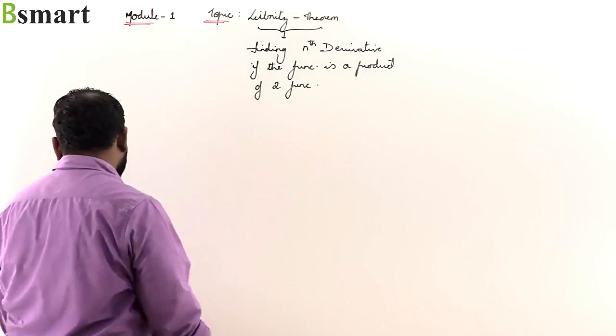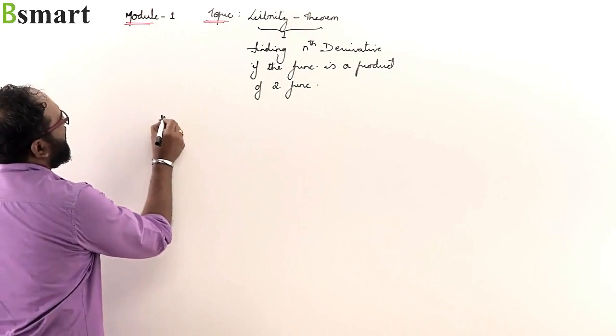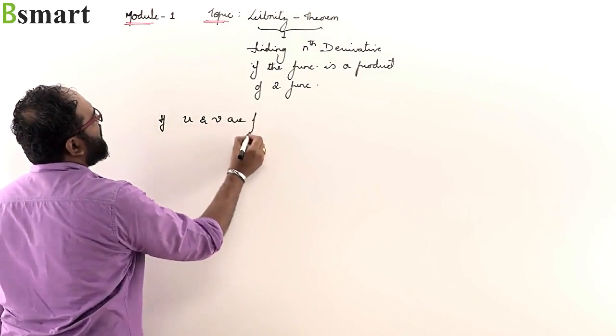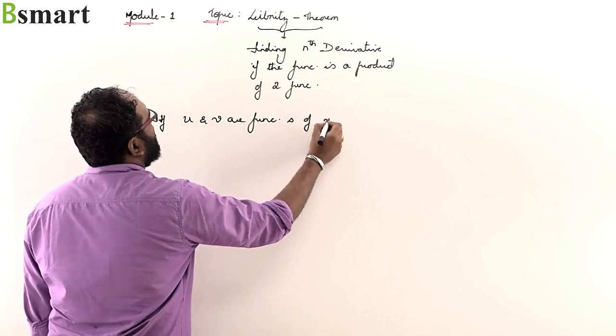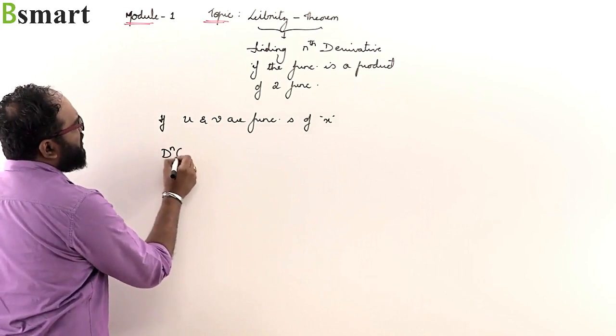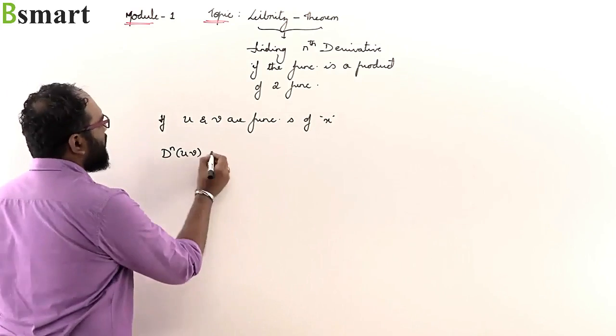What the theorem says is, let u and v be functions of x.